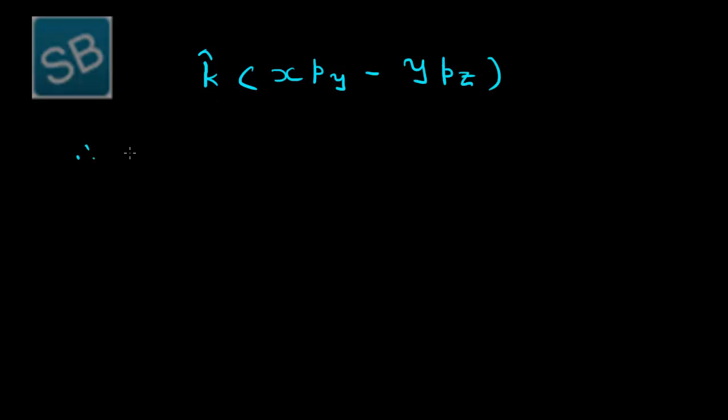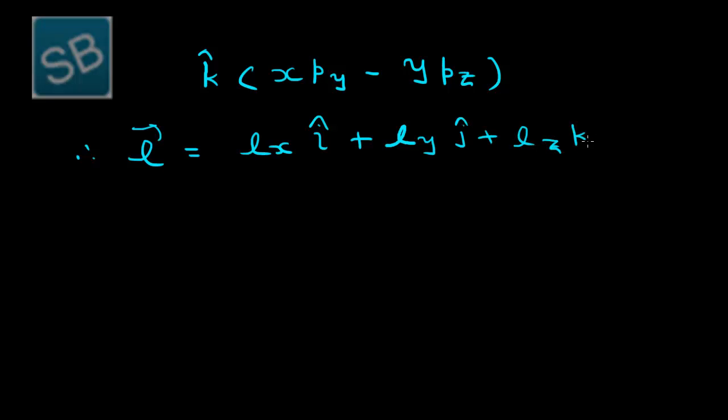So, the angular momentum can be written as the vector sum of its component forms, that is equal to Lx i cap plus Ly j cap plus Lz k cap.